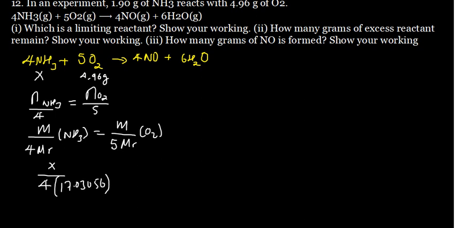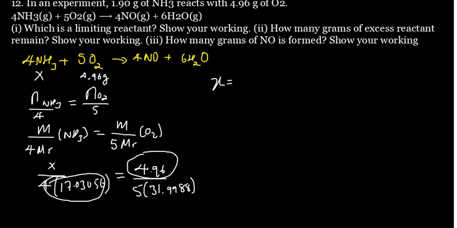17.03056. And this is supposed to be equal to the mass now of oxygen given, that is 4.96 over 5 multiplied by the molar mass of oxygen. Now this is the oxygen molecule, so we have got two oxygens, and the molar mass of each oxygen is 15.9994, and that is going to give us 31.9988. So if I want to remain with X, I'm going to multiply this value by the value on top.